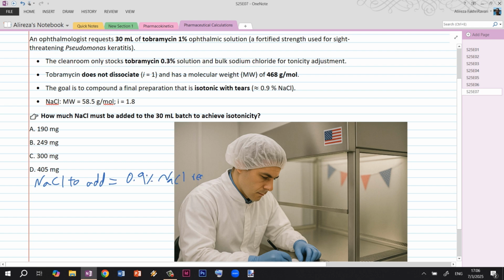You have to see how much is required, and then also you need to consider how much sodium chloride equivalent is being contributed from tobramycin. So you subtract that from how much you need in the solution. So essentially sodium chloride equivalent of drug.